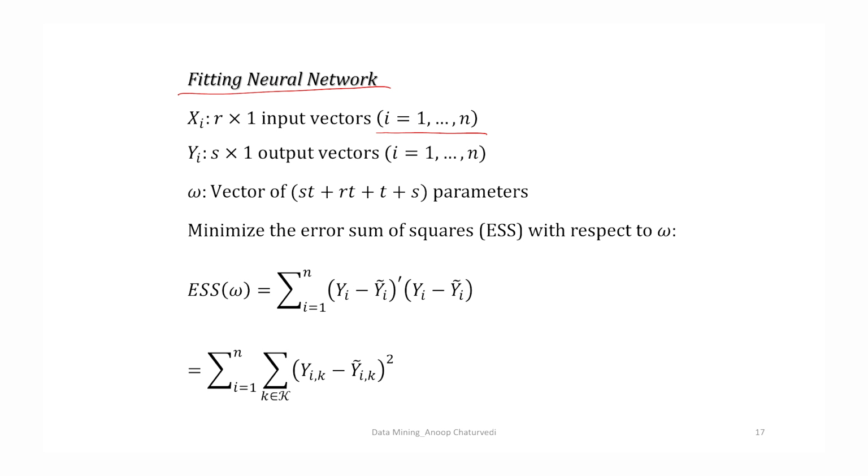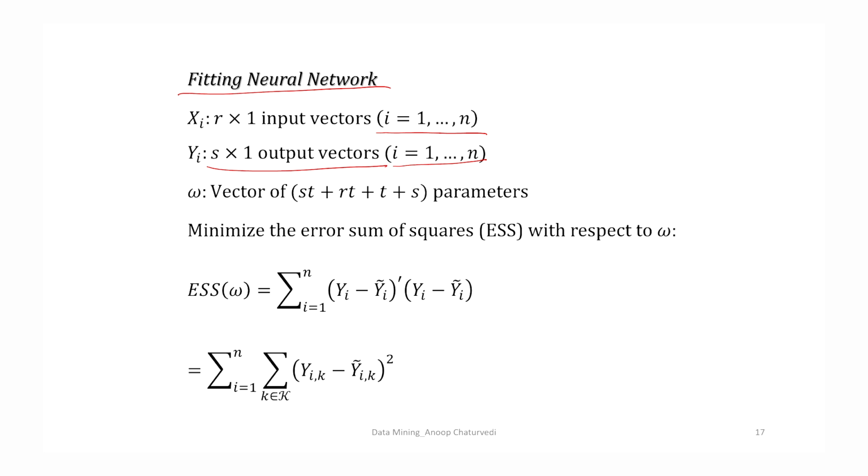So, now you have training data: n independent observations on x's, and y_i's, the independent copies of the s cross 1 output vectors, i equal to 1 to n.